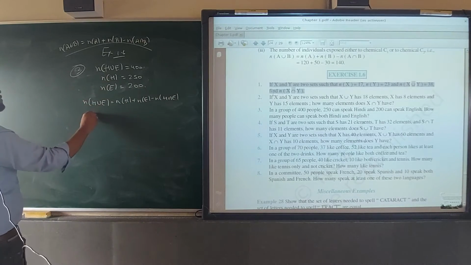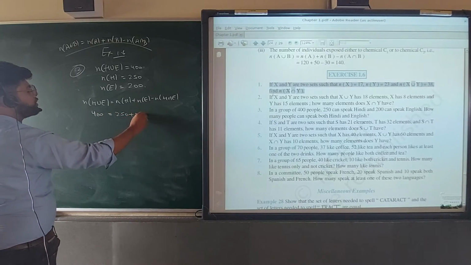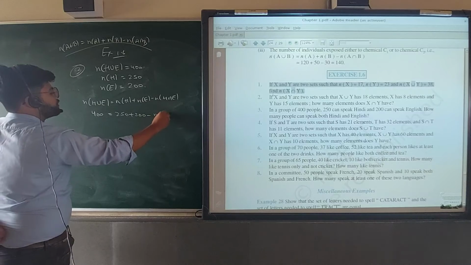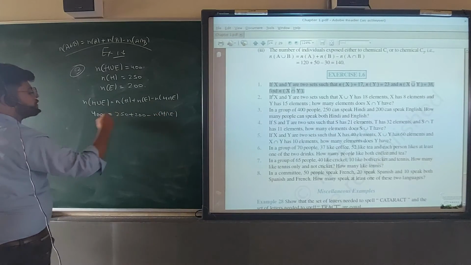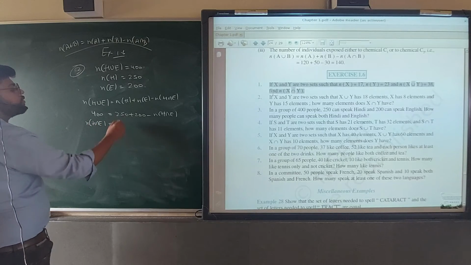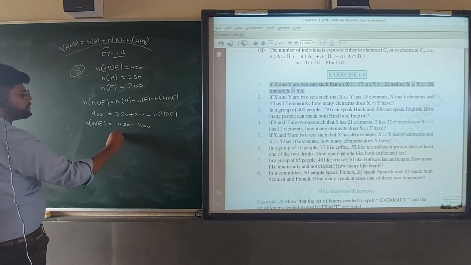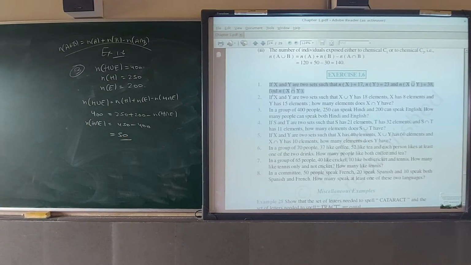The value of n(H union E) is 400. n(H) will be 250 plus 200 minus this, which we have to find. It will be shifted here. 250 plus 200 will be 450 minus 400, and the answer will be 50. There are 50 people who can speak both English and Hindi.